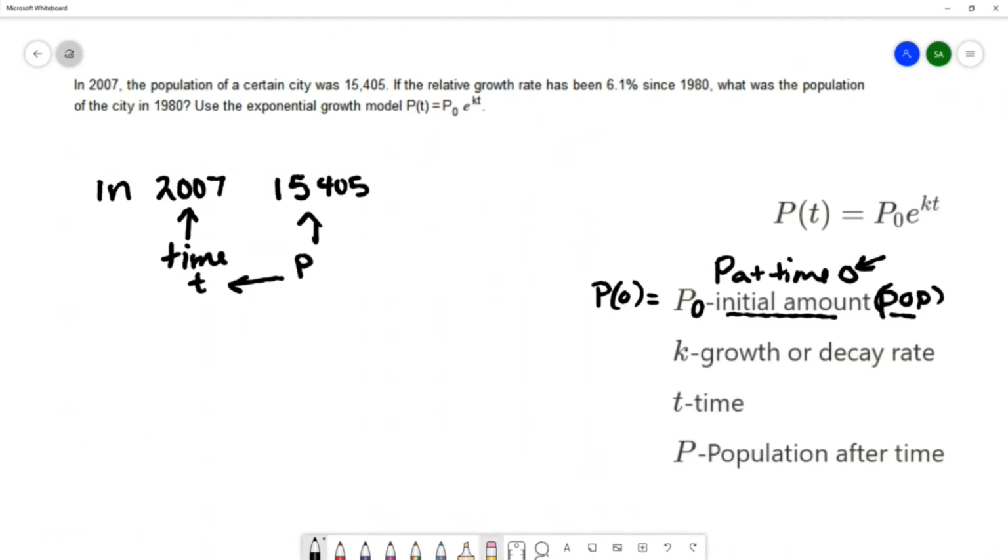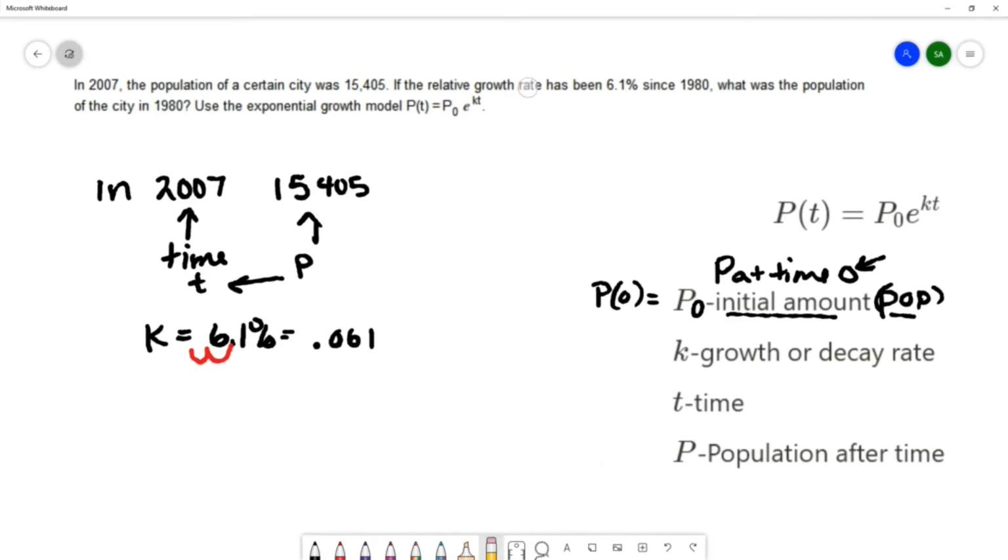Let's keep reading. The relative growth rate has been 6.1% since 1980. So K will be our growth rate, 6.1%, and we're going to use that in the decimal form. So I'm going to move my decimal place 2 places to the left to get 0.061.